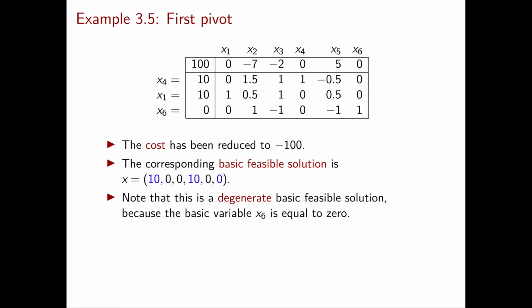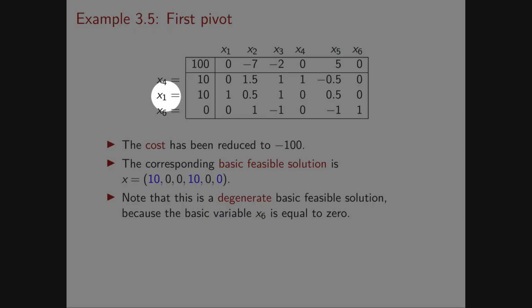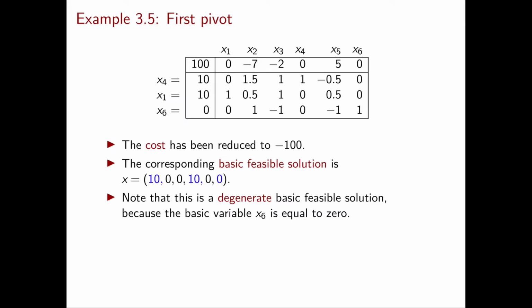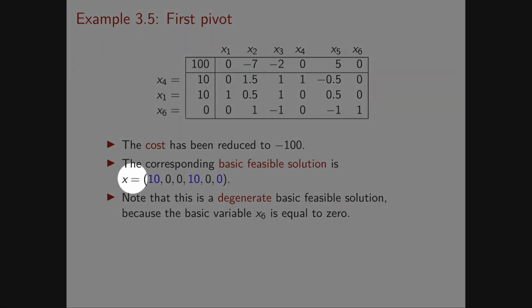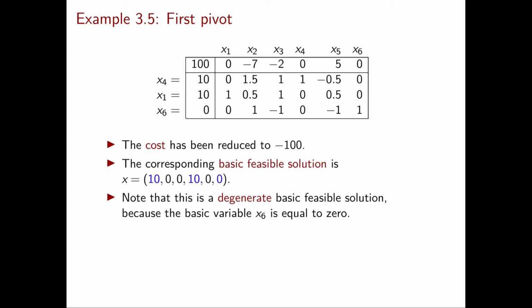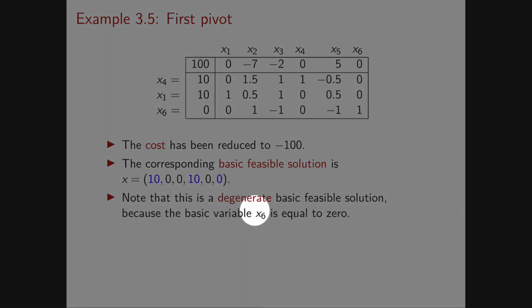We can also write down explicitly the current basic feasible solution. We will have that x1 is equal to 10, x4 equal to 10, x6 equal to 0, and all the other variables, the non-basic ones, will be 0. So the full vector is this x, 10, 0, 0, 10, 0, 0. We also notice that this is a degenerate basic feasible solution. And this is because the variable x6, which is a basic variable, is equal to 0.